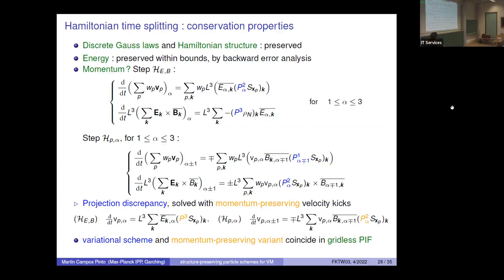It is preserved within bounds for arbitrarily large times. And the momentum, again, there is a discrepancy in the projections if you want to preserve the momentum. And so you either go to the momentum preserving variant or you don't have momentum preservation.